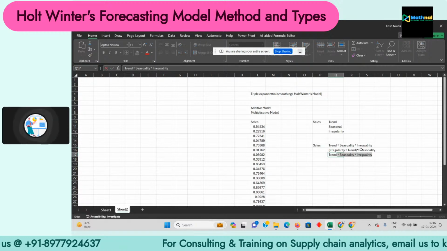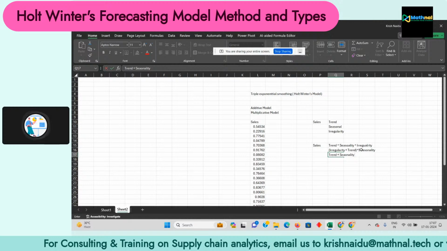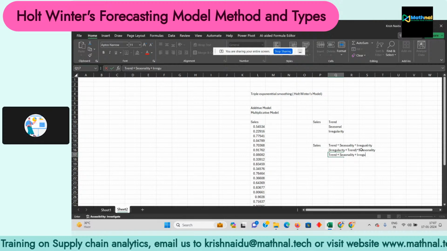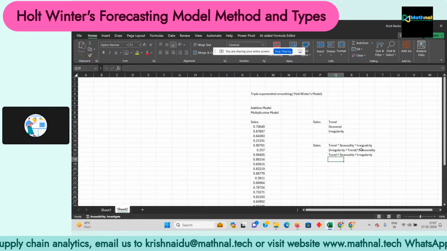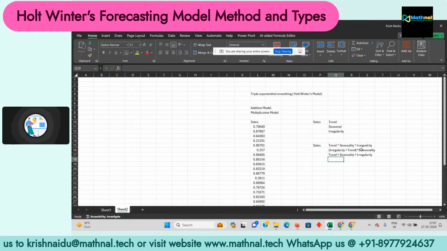The third possibility is that all of them exist in the additive form, right? So we're seeing three different forms of pattern combinations.